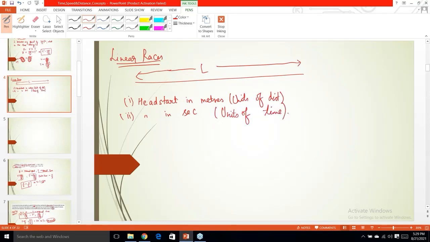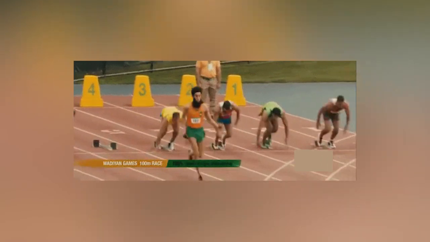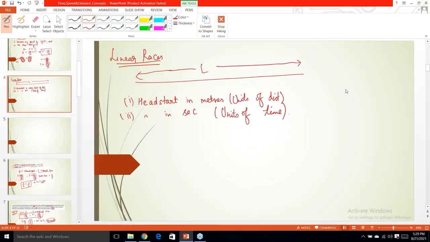What does this mean? Let's say you and I are running a race, a 500-meter race. If I give you a head start of 100 meters, I'm telling you that you can start from the 100-meter mark, so that you have to cover only 400 meters in the race.